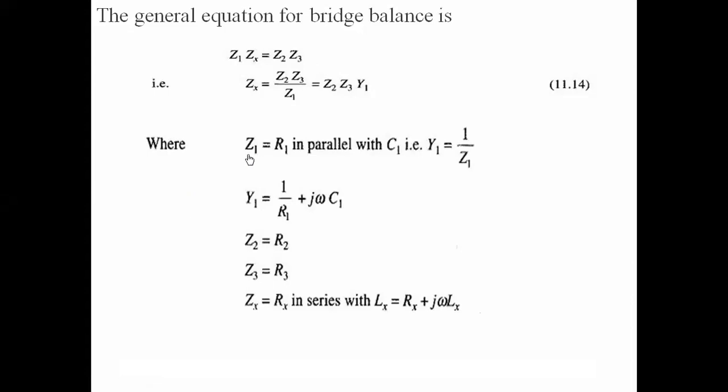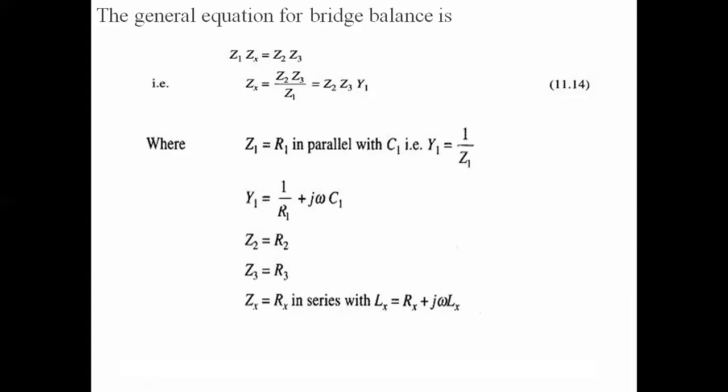Here Z1 is R1 in parallel with C1, which is represented as Y1 is equal to 1 by Z1. Y1 is obtained as 1 by R1 plus j omega C1.